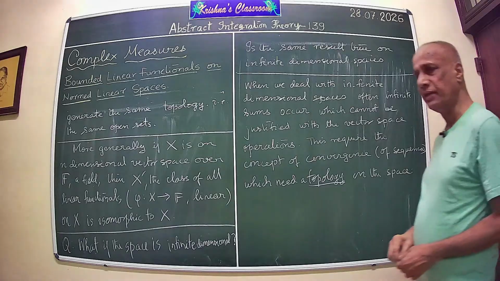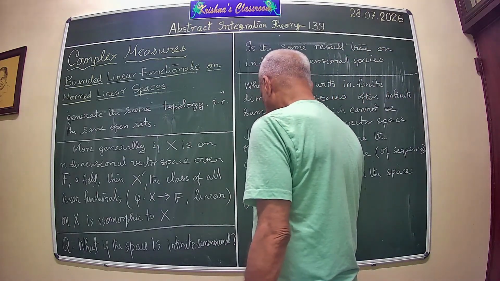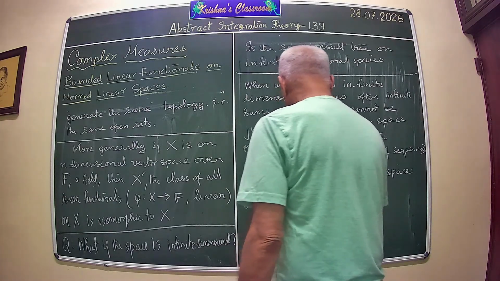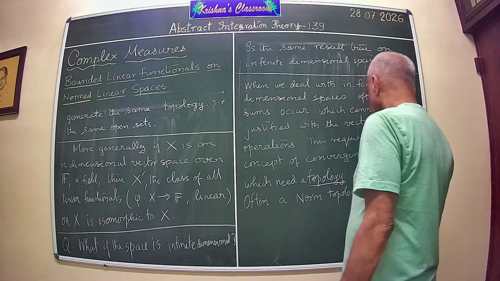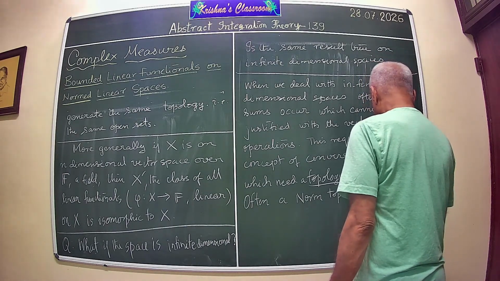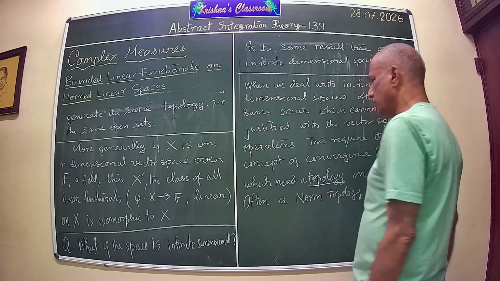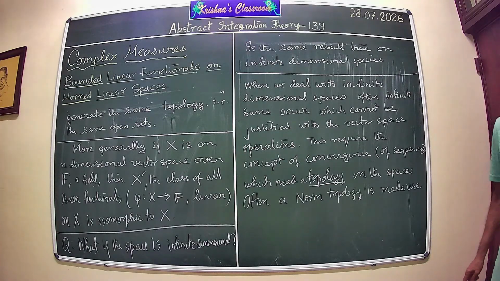Therefore, often a norm topology is made use of. And there are situations where you talk about topological vector spaces where the topology does not come from a norm.